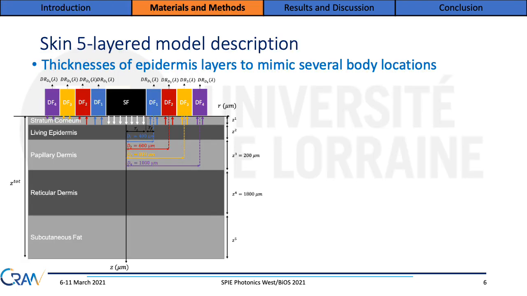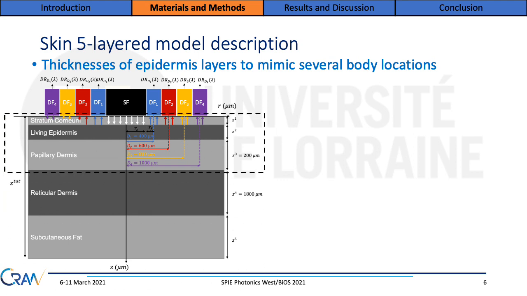The accuracy of the experiment is based on two things. The first is the correspondence between the geometrical configuration of the real clinical probe and the simulation one, while the second is the design of a realistic numerical skin model. For this purpose, a 5-layer skin model was implemented, representing from superficial to deepest layer the stratum corneum, the living epidermis, the papillary dermis, the reticular dermis, and the subcutaneous fat.